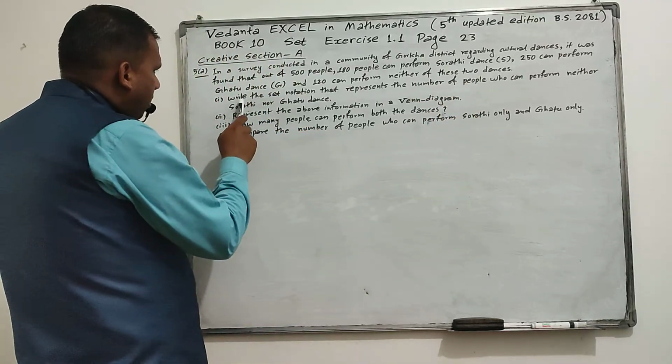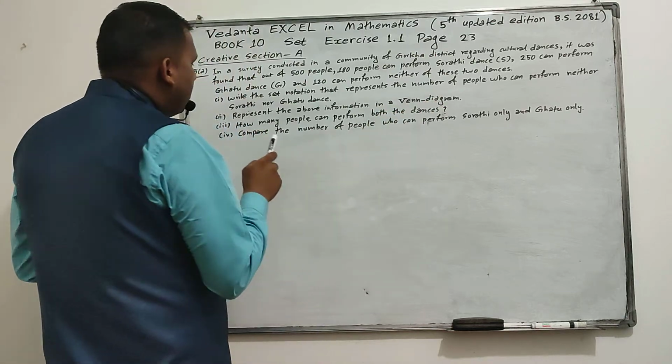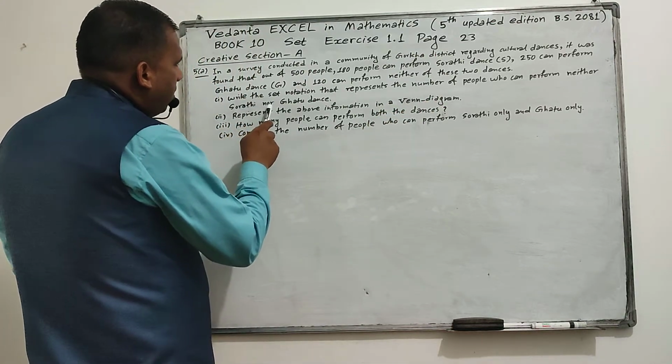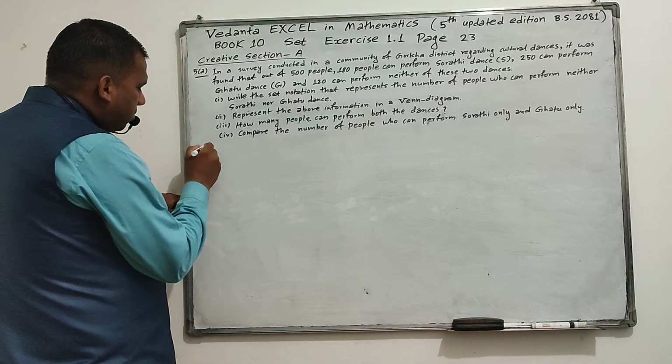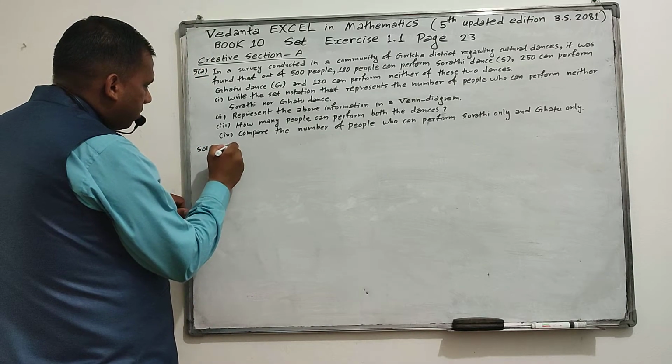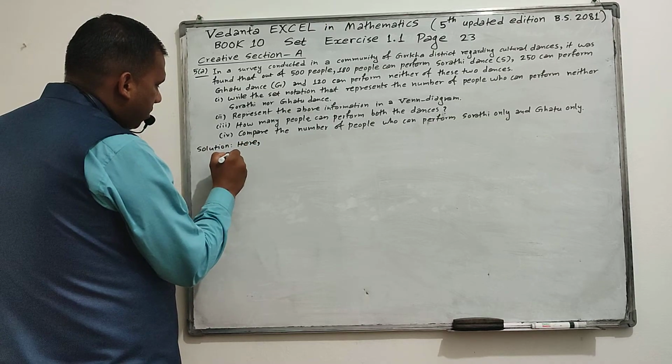Then 1. Write the set notation that represents the number of people who can perform neither Surati nor Gatu dance. Now, resolution. Here, for 1.